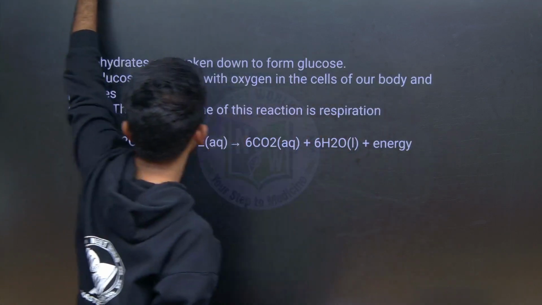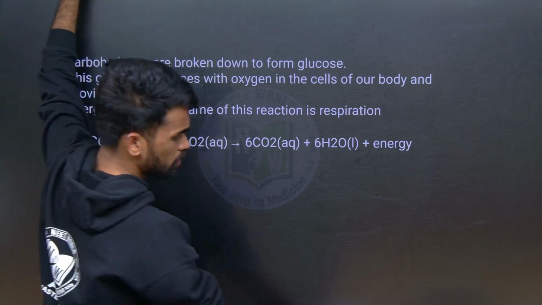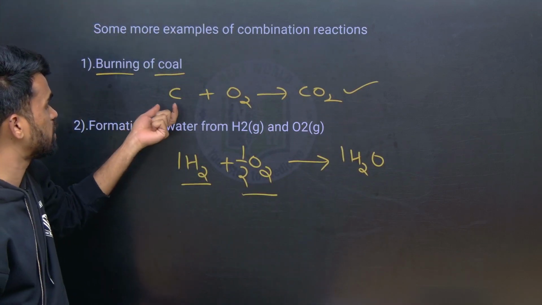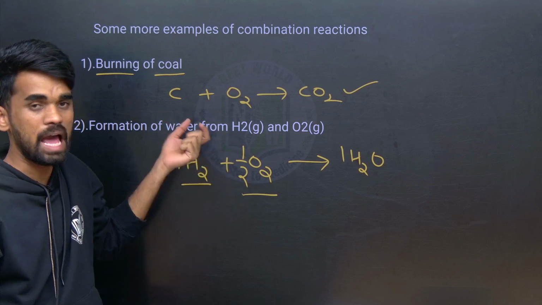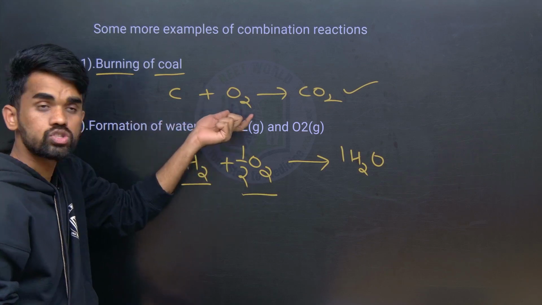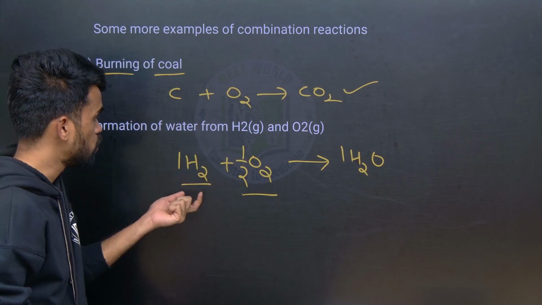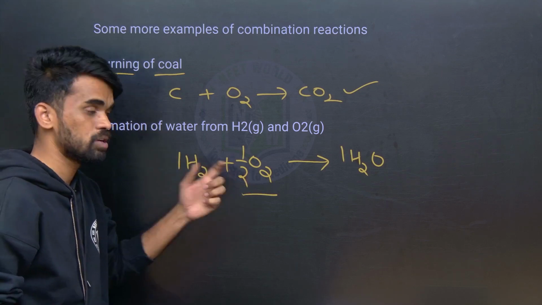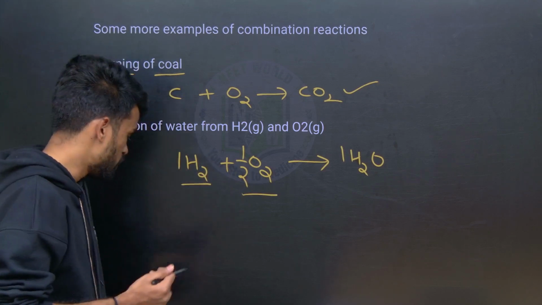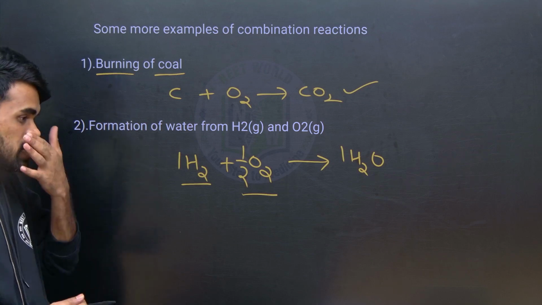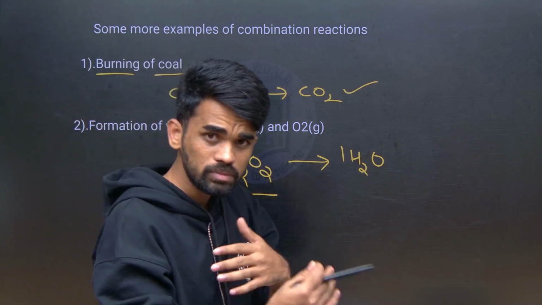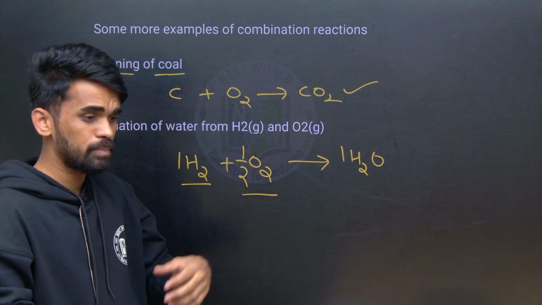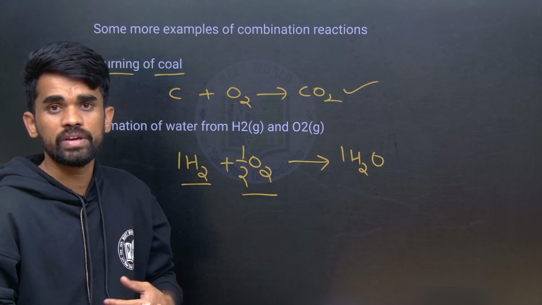Next, here we can also see the combination. In the first case, the combination is between two different elements, a carbon atom and an oxygen molecule. Here it is between a hydrogen molecule and an oxygen molecule. We can also see the combination between one atom and one molecule, or between two molecules.